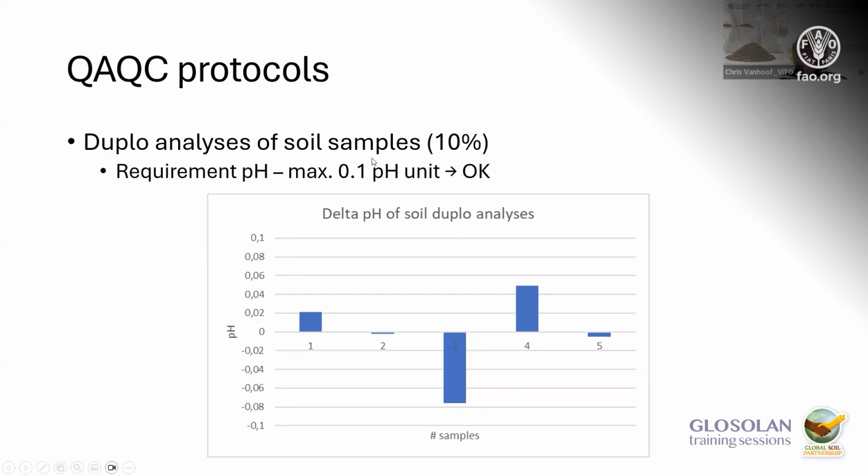So it's at most 0.1 pH unit between measurement 1 and measurement 2. That's very good for these soil samples. The pH values of these soil samples were in the range between 4.5 and 7.5. We always try to select samples that cover the different pH values.